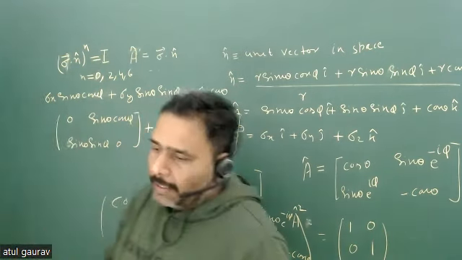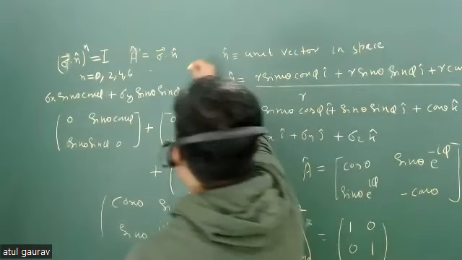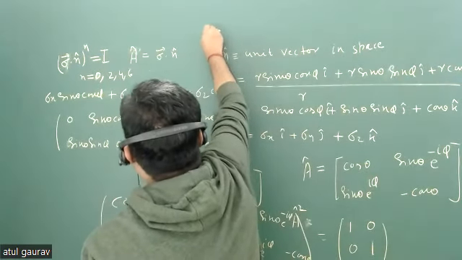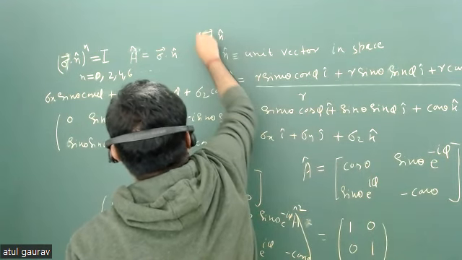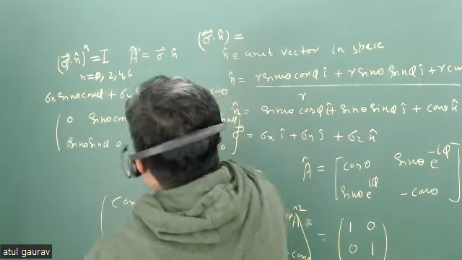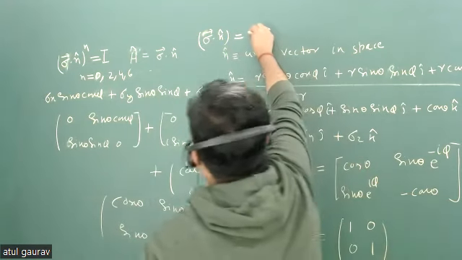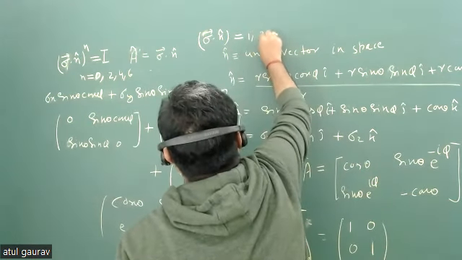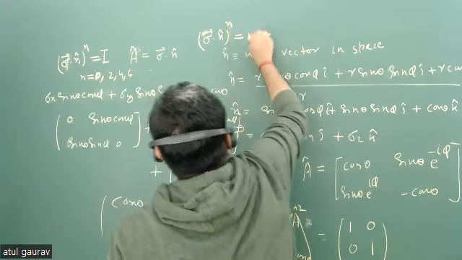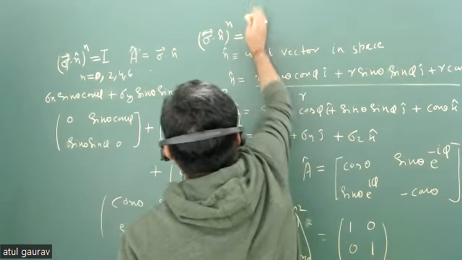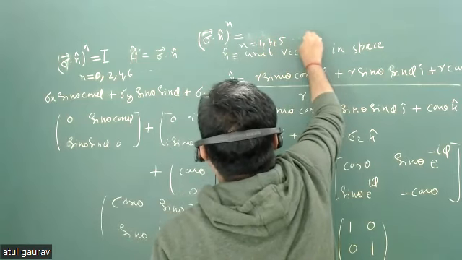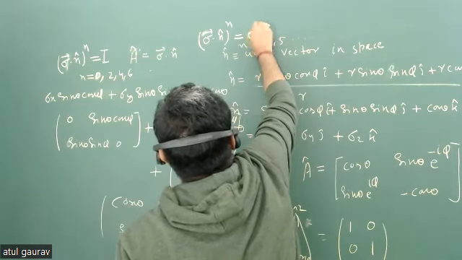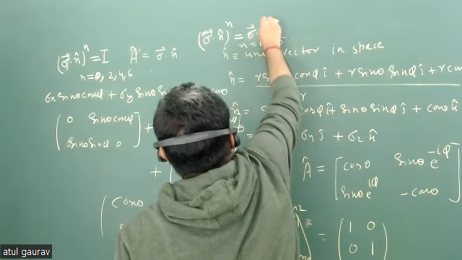And another property is that sigma dot n cap to the power n, for n equal to 1, 3, 5 and so on, is equivalent to sigma dot n cap.